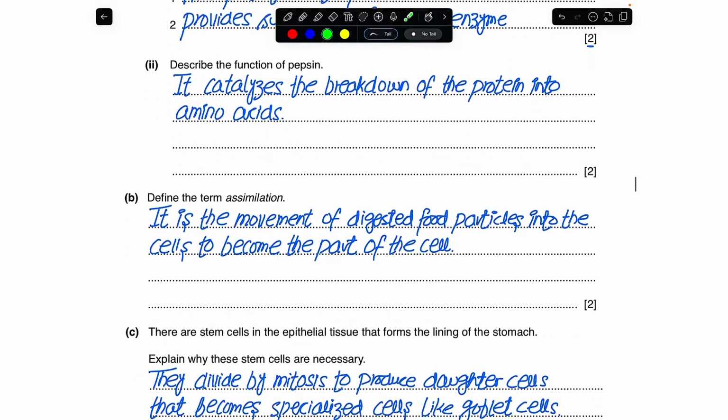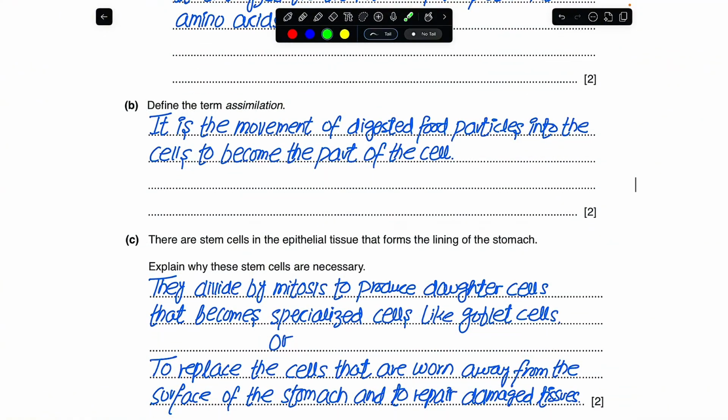Now comes a very common definition for a total of 2 marks, where they want us to define the term assimilation. Assimilation is that once we have digested the food and absorbed it into the blood, the absorbed food molecules, with the help of the blood plasma, come to the cells, get out of the blood plasma and enter into the cells.